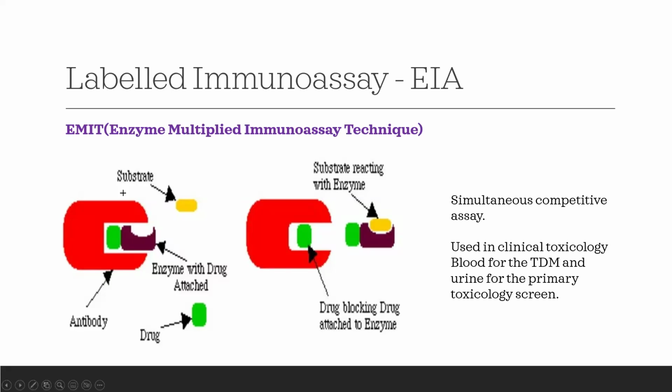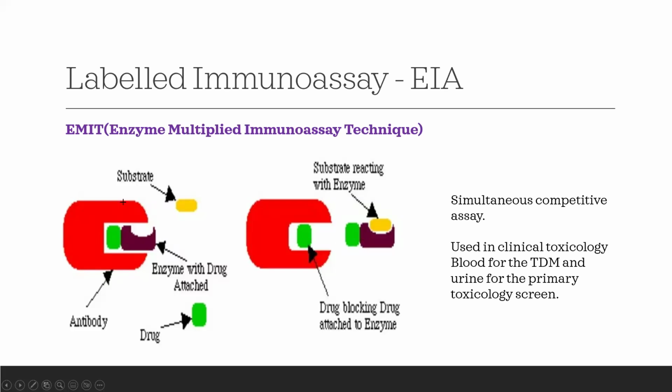What we put in this mixture is the drug we want to test, which is the analyte of interest, and also a drug conjugated to an enzyme, to form this complex. So the drug and the drug conjugate, the substrate and the antibody, the four components are added together to the mixture.